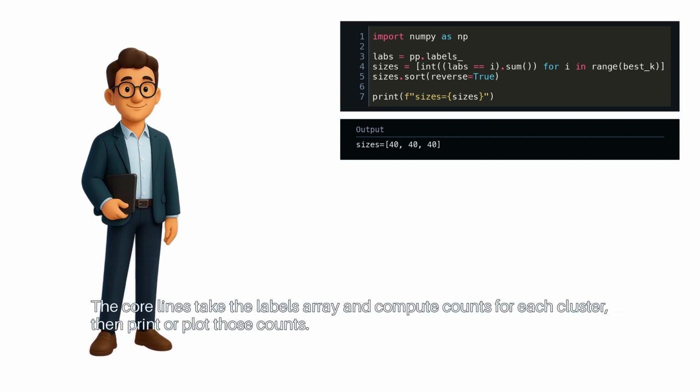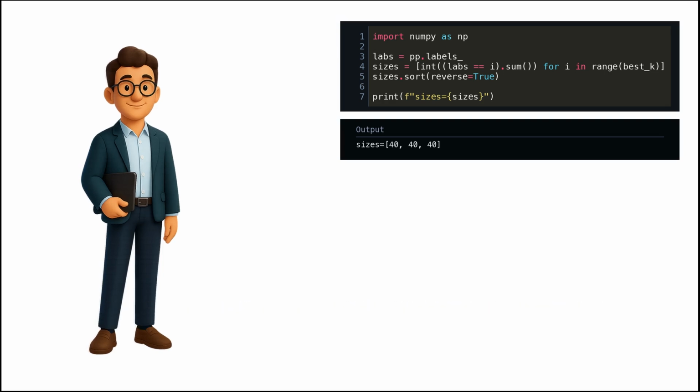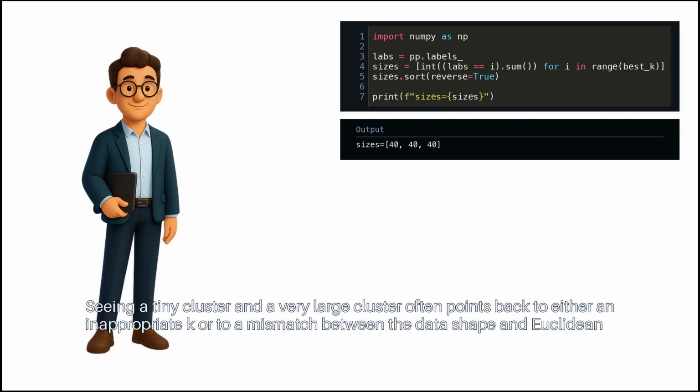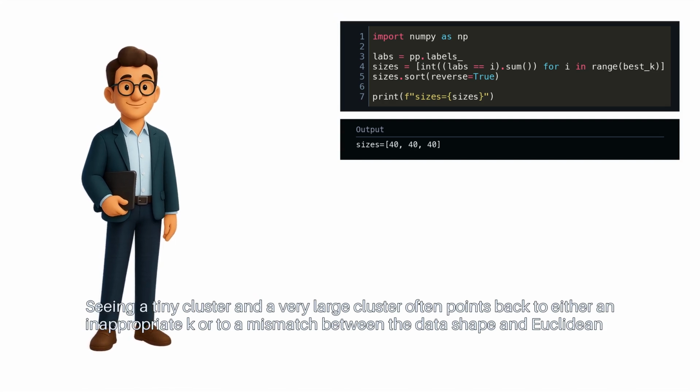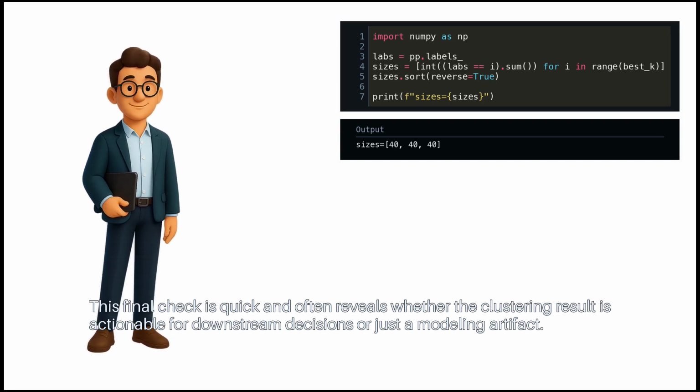The core lines take the labels array and compute counts for each cluster, then print or plot those counts. Seeing a tiny cluster and a very large cluster often points back to either an inappropriate K or to a mismatch between the data shape and Euclidean geometry. This final check is quick and often reveals whether the clustering result is actionable for downstream decisions or just a modeling artifact.